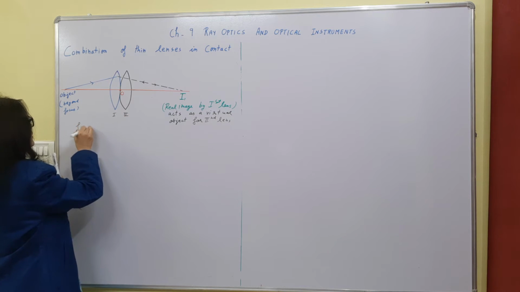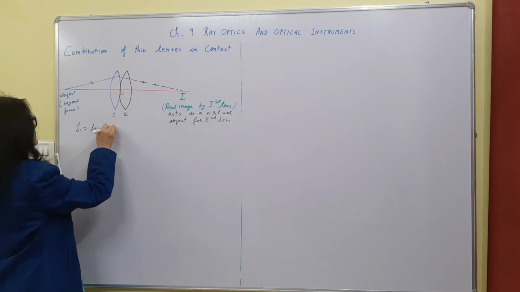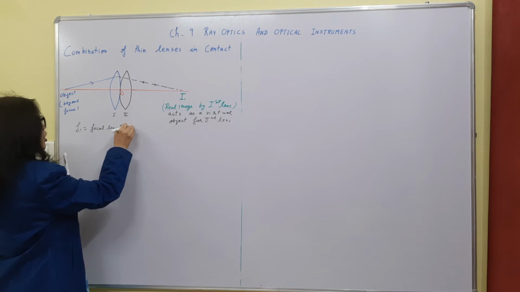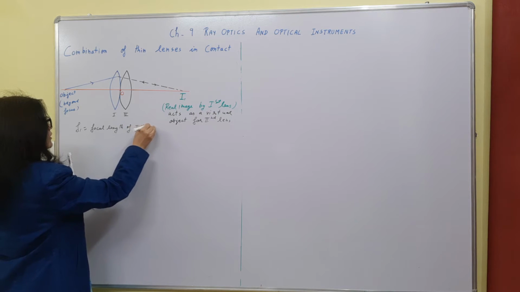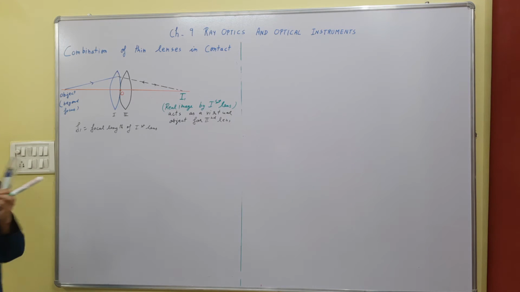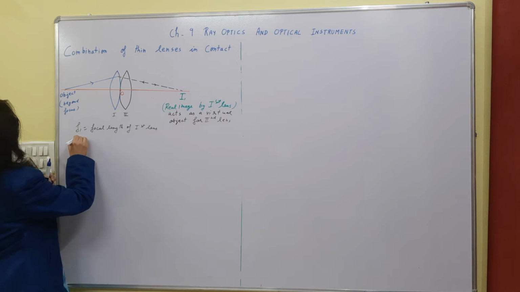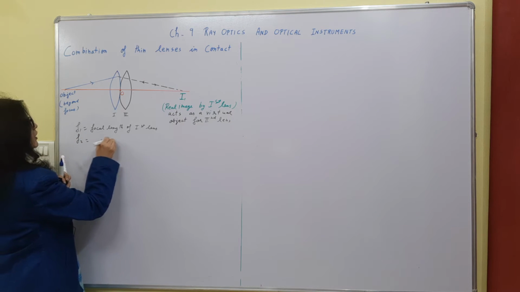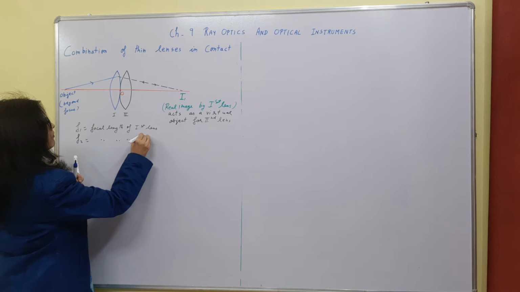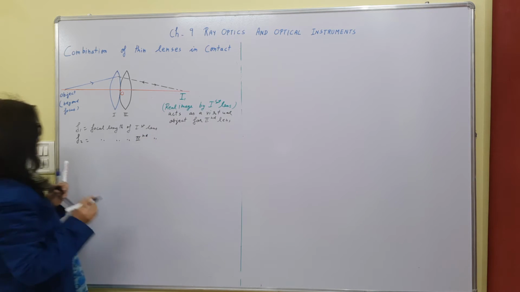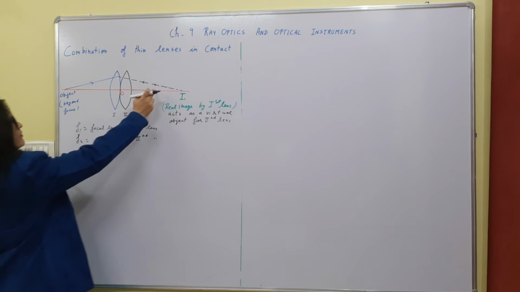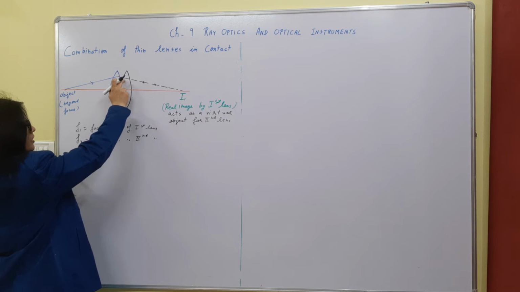Suppose f1 is the focal length of the first lens, and f2 is the focal length of the second lens, right? This is now acting as an object for the second lens.